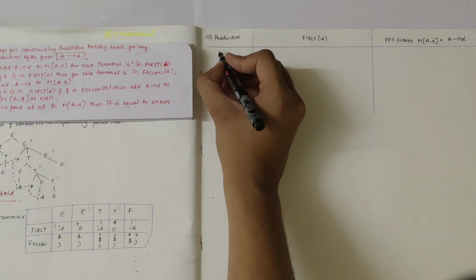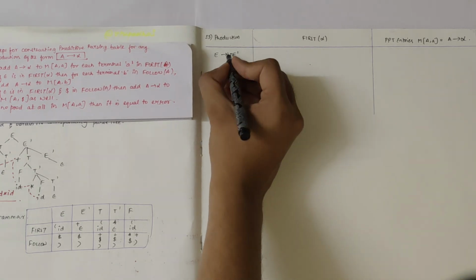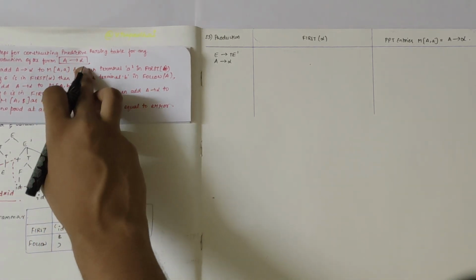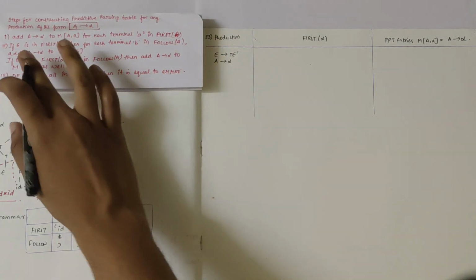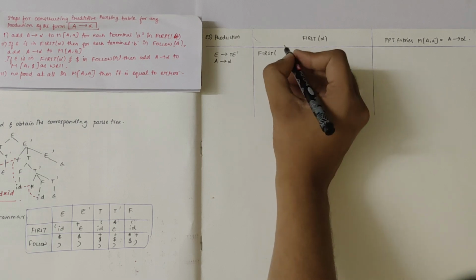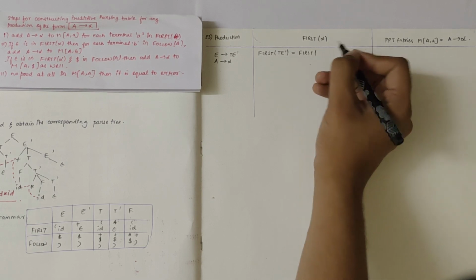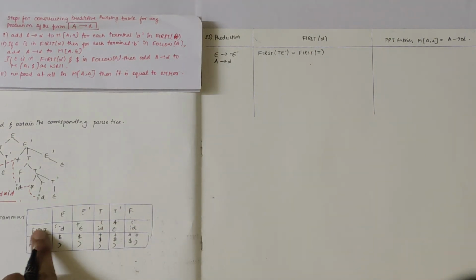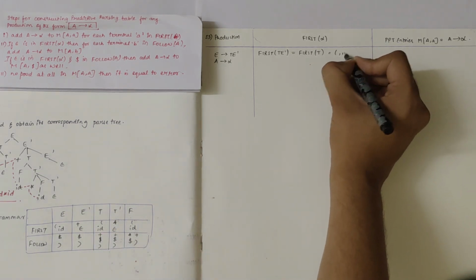Now I'll be starting with the first production, that is E derives TE dash. So comparing this with A derives alpha, because it should be compared with the form A derives alpha. So I would get first of TE dash, that is first of alpha here is T. So first of T, from the table we know that first of T is open parenthesis and ID.